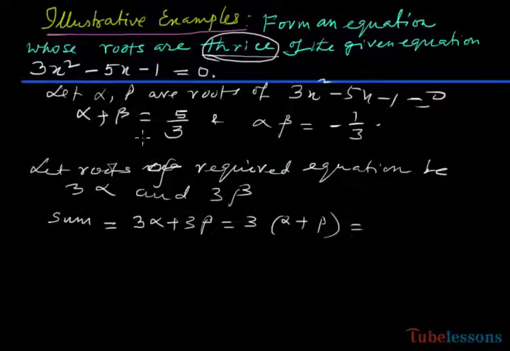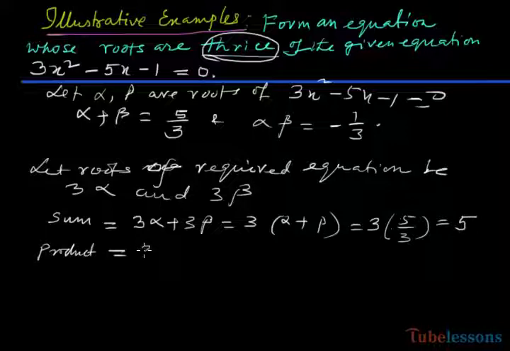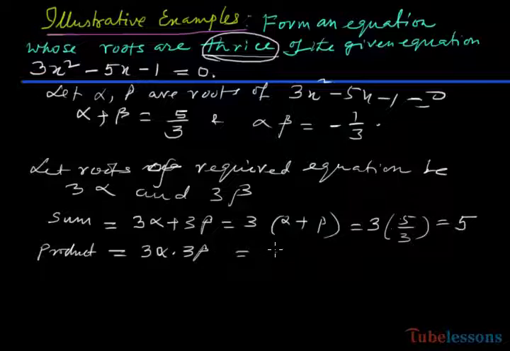Put the value of 5 by 3, so it becomes 5. And product of roots 3 alpha into 3 beta, 3 times 3 is 9 alpha beta. So 9 into minus 1 by 3. So this is equal to minus 3.